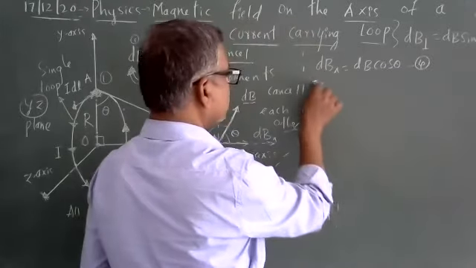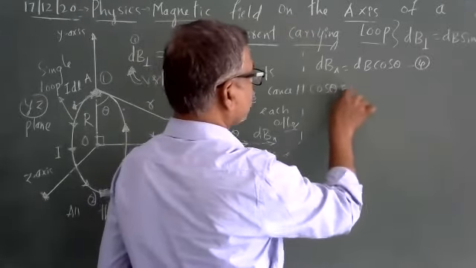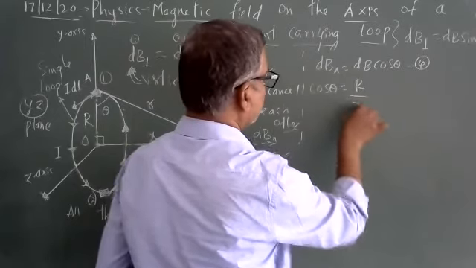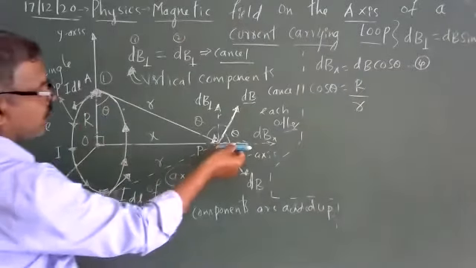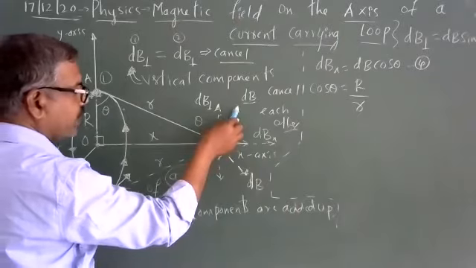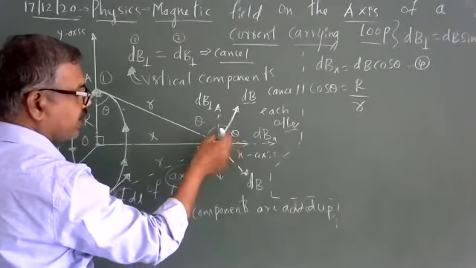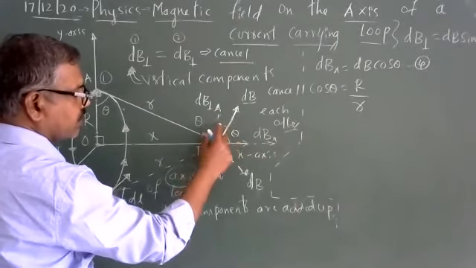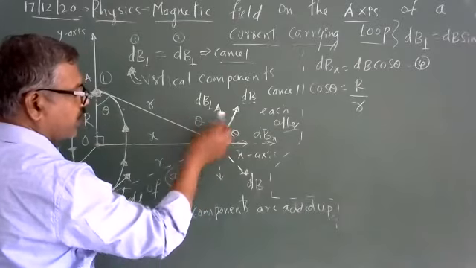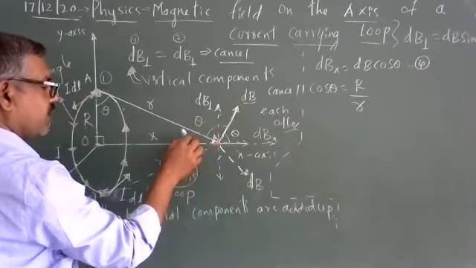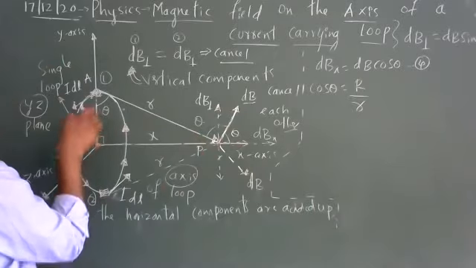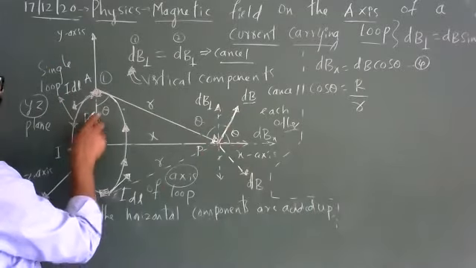Now we know that cos theta is equal to capital R upon small r. I repeat, theta is the angle made by dB with the x-axis. If this is theta, this remaining is 90 minus theta, and this is again theta because the angle between this vector and this vector is 90. Theta is R upon small r.